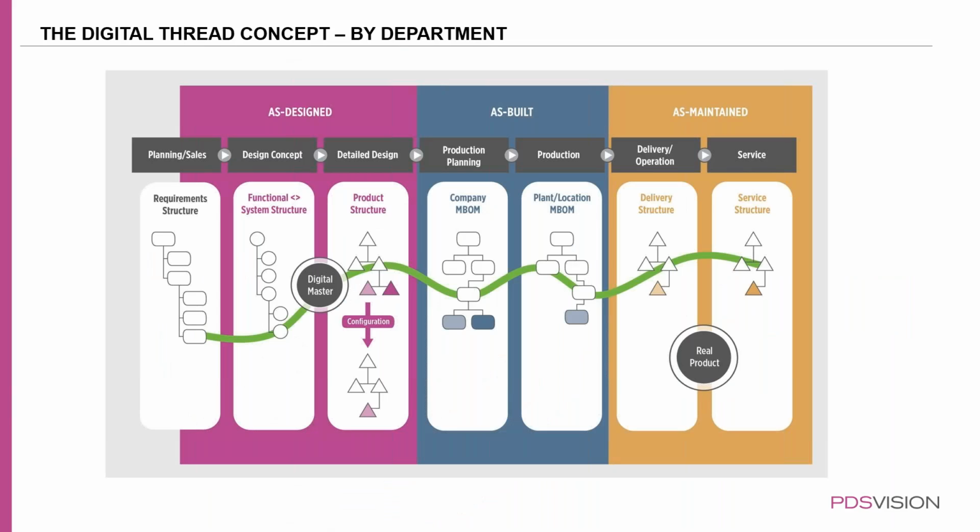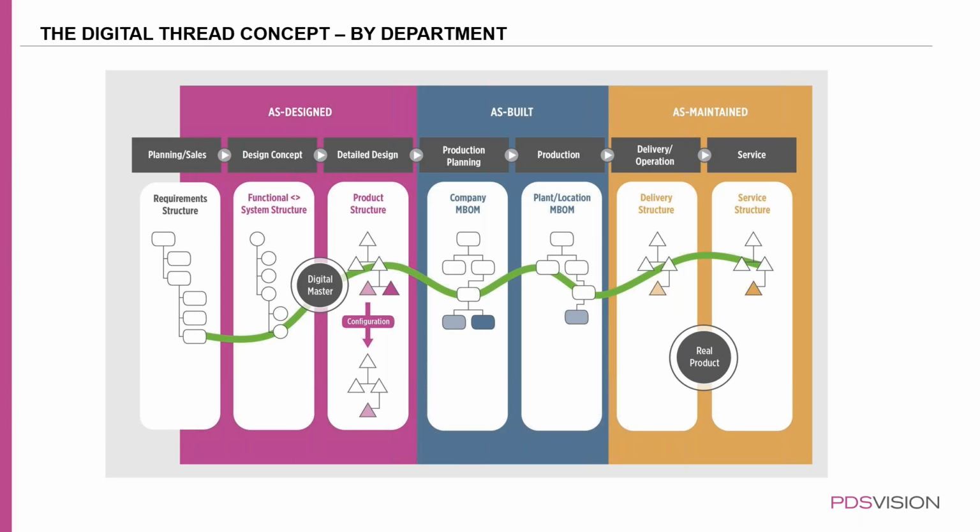Just a quick slide here as to how the information flows through each department. We have the three main categories, which are as designed, as built, and as maintained. As designed is where the planning and sales people come into the picture. They see what the requirements of the customers are. Then it slowly moves into the design concepts, and then detailed design of the product.